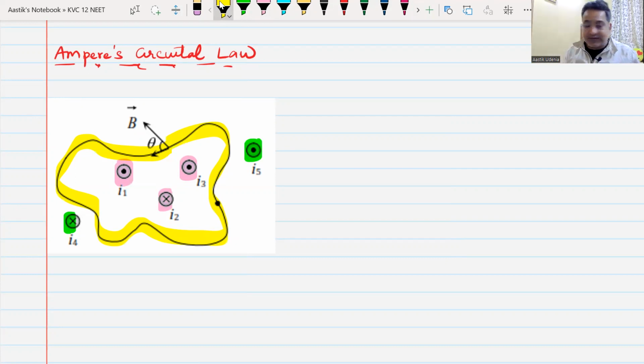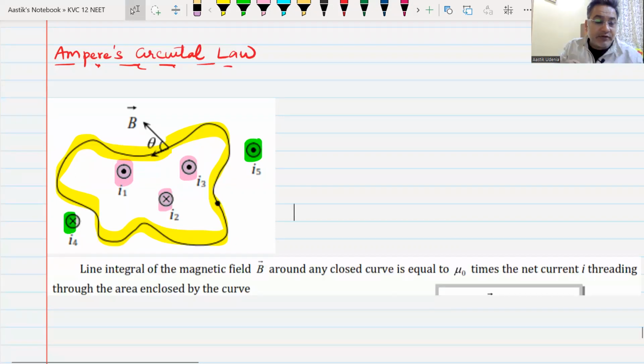Ampere's law basically tells us, if I give you the statement of Ampere's law, the line integral of a magnetic field over a closed loop is given by mu naught multiplied by the current in that loop.